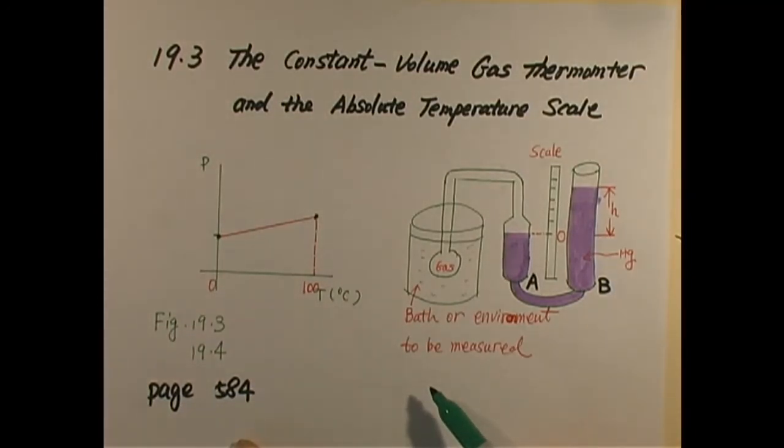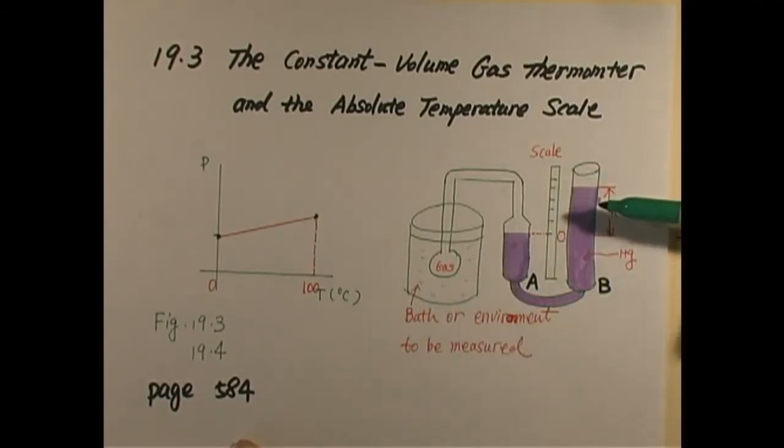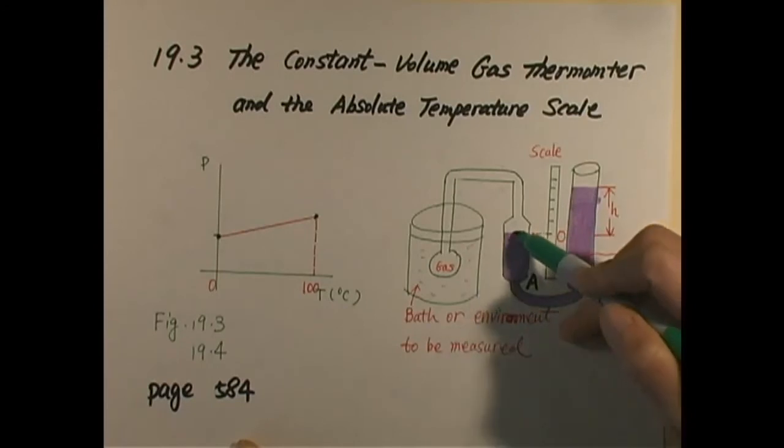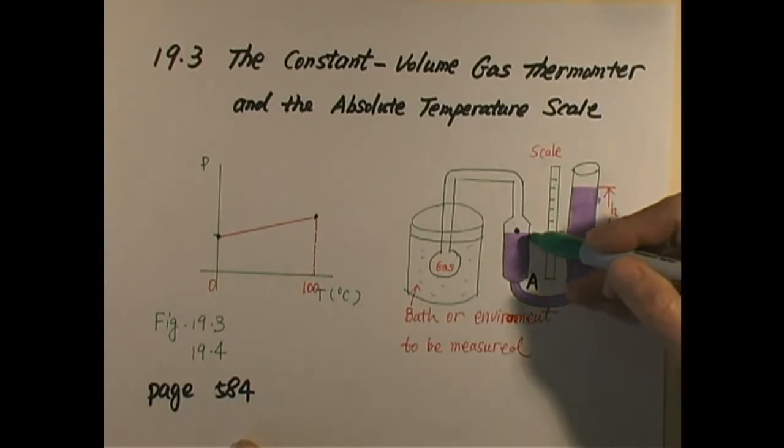So at this moment, we will be able to know the pressure of the gas, because if we pick a point here that is exposed to the gas, that carries the information about the pressure of the gas.